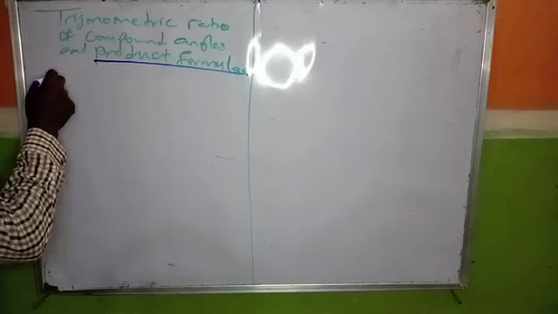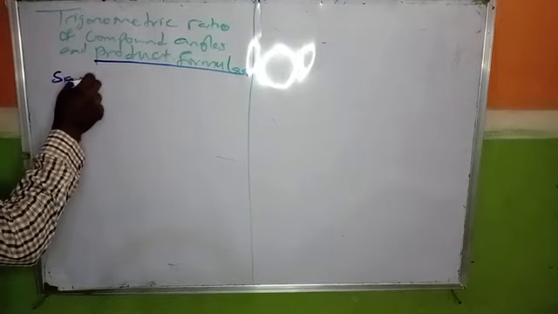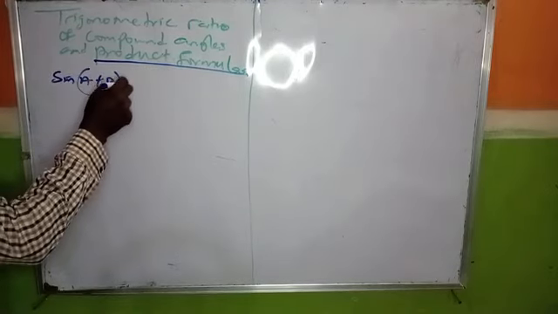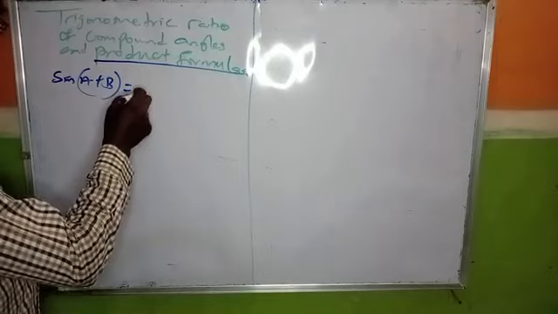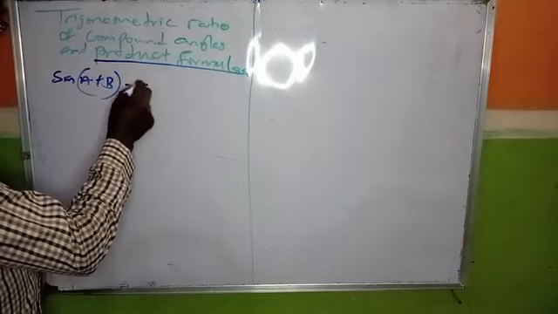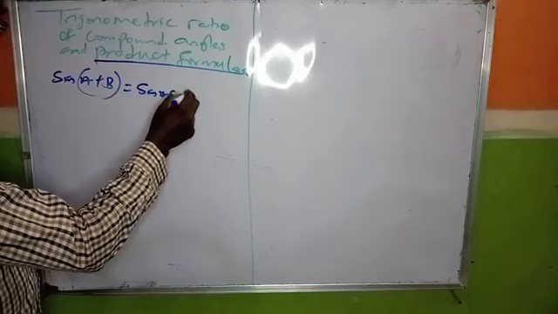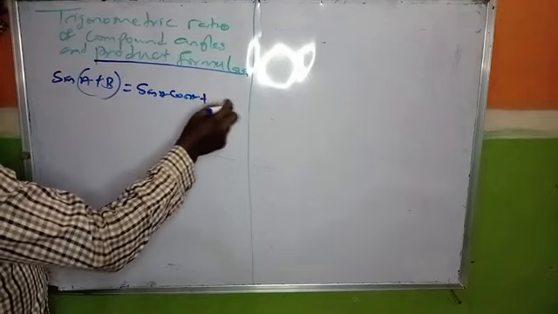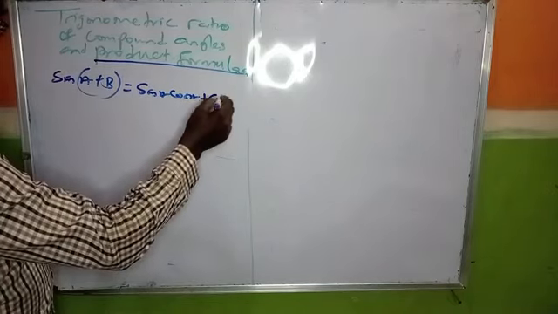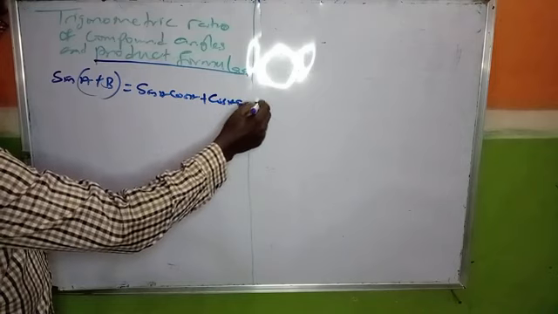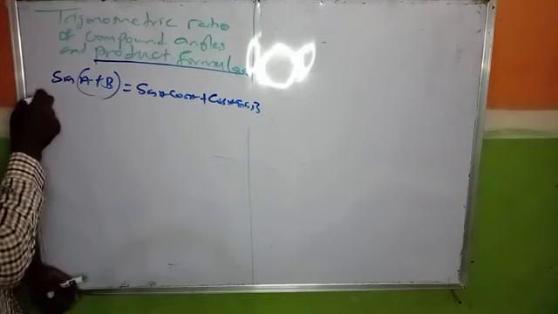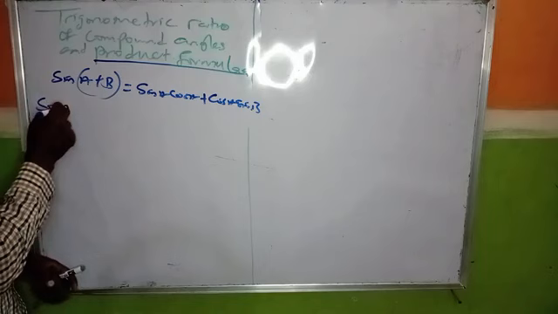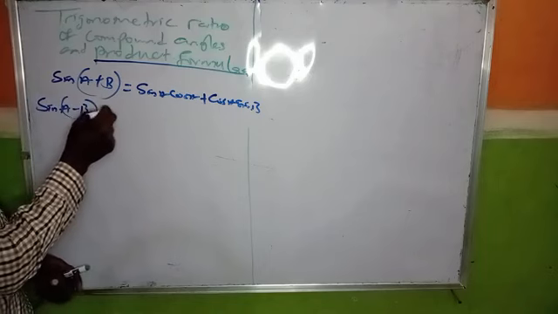Now, what are the basic formulas? I said the other time sine A plus B equals sine A cos B plus cos A sine B. Then what about sine A minus B?